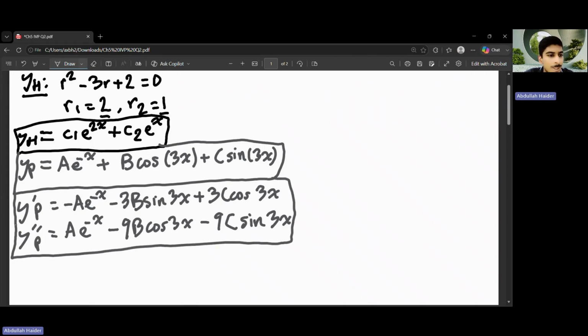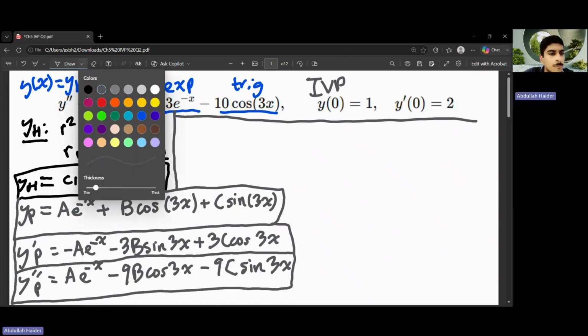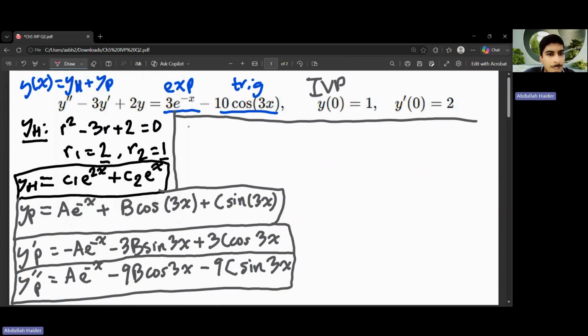Now we can substitute in the main equation to find constants a, b, and c. So we'll keep y double prime as it is: a e^(-x) minus 9b cosine 3x minus 9c sine 3x.